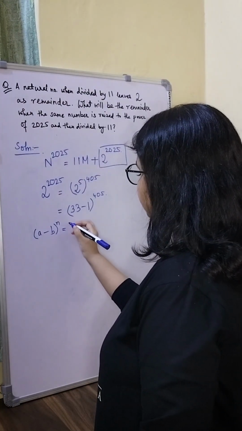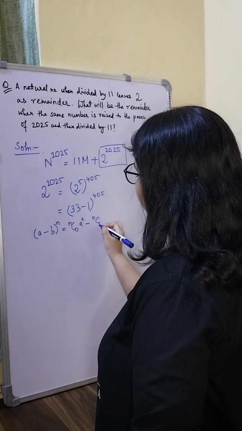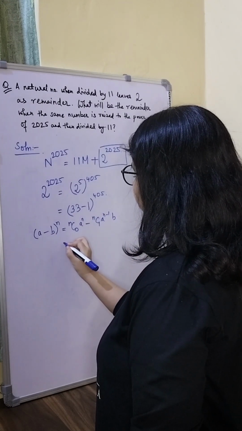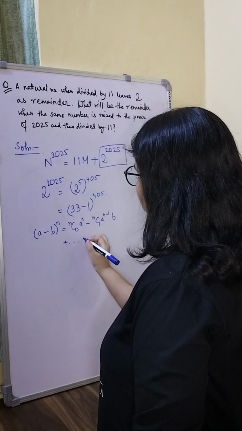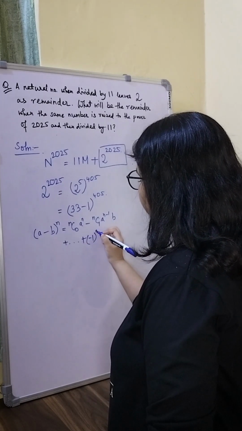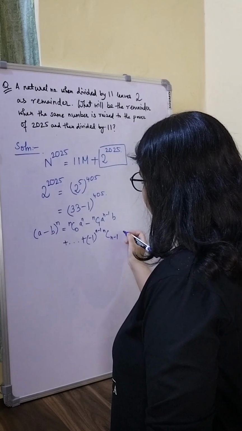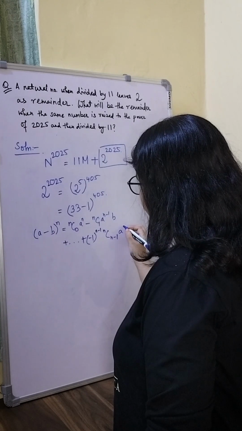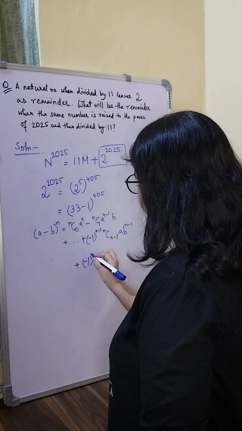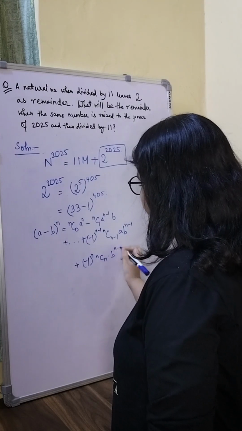It is nothing but nC0 a to the power of n minus nC1 a to the power of n minus 1 b plus and so on, plus minus 1 to the power of n minus 1 nC(n minus 1) a into b to the power of n minus 1, plus minus 1 to the power of n nCn b to the power of n.